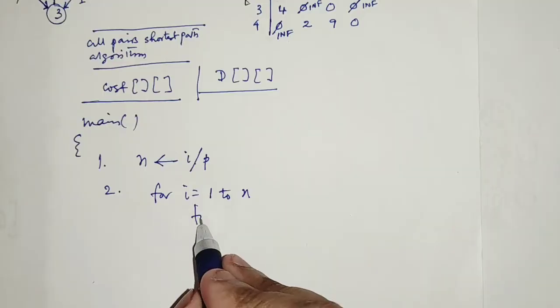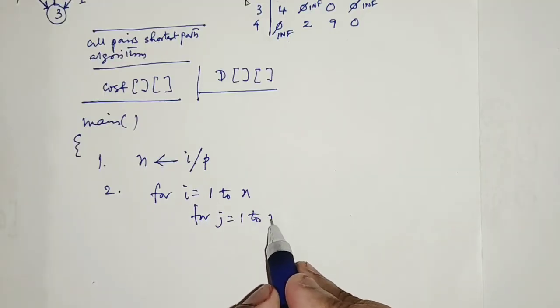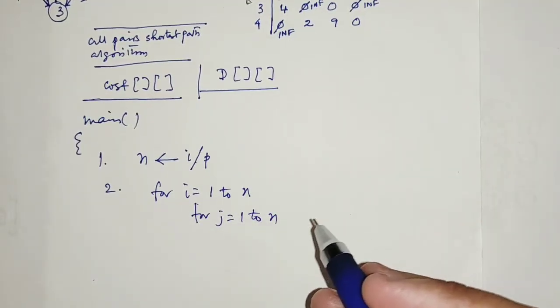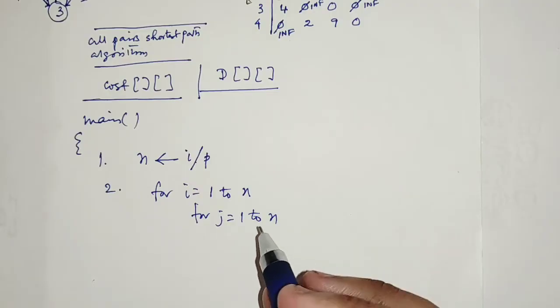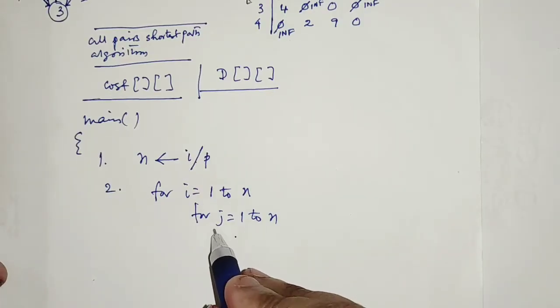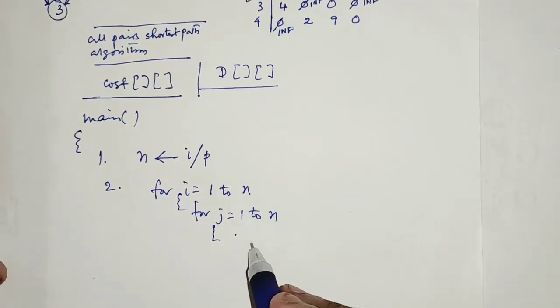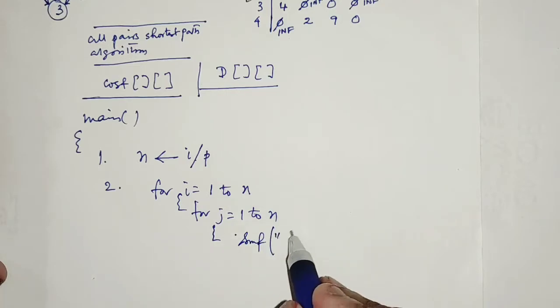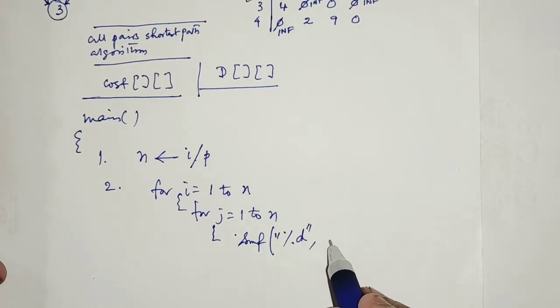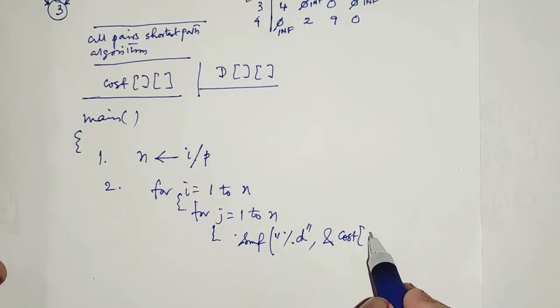So for j equals 1 to n, under which you will form the cost matrix, that means you have to apply the scanf function. This is like scanf percentage d, because we are considering an integer matrix, ampersand of cost of ij. Okay, so the user will put the value.